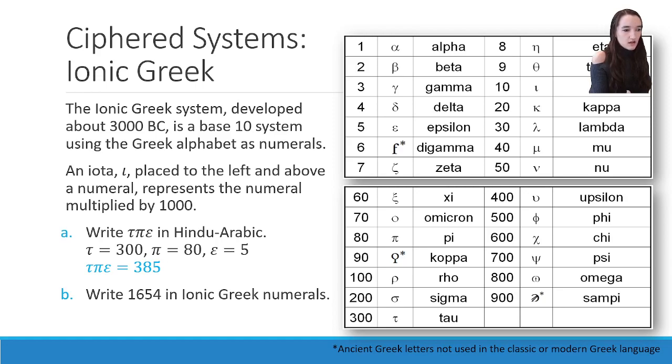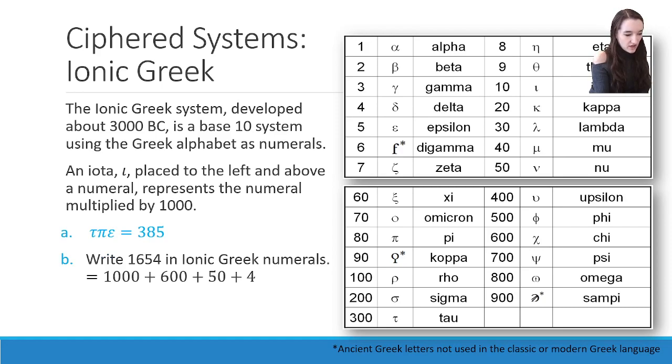Now to write 1654 in Ionic Greek numerals, we're going to break it down into powers of 10 once again. Its place values, 1,000, 600, 50 and 4. So we need 1 times 1,000 because remember we have multiplication by 1,000.